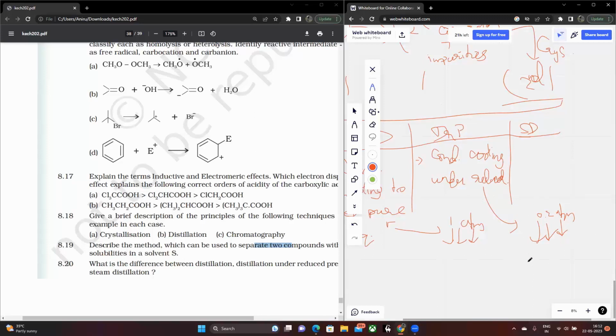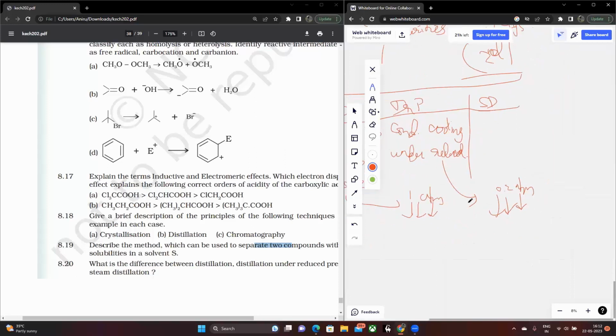This is also a method used for liquids which have a very high boiling point, because under reduced pressure the boiling point also reduces, right? It is useful for liquids which have a high boiling point, or those liquids which decompose below their boiling point, right? For those kinds of liquids you use distillation under reduced pressure, right?